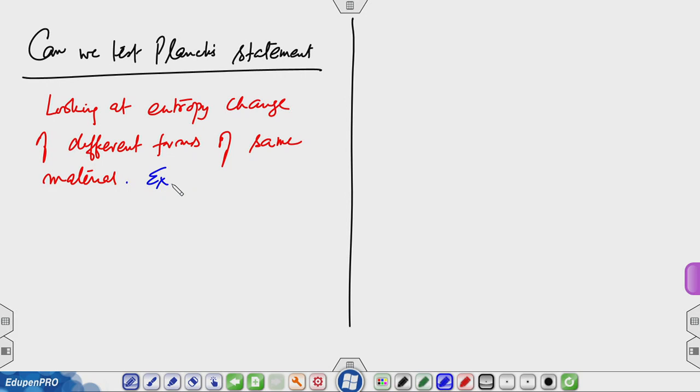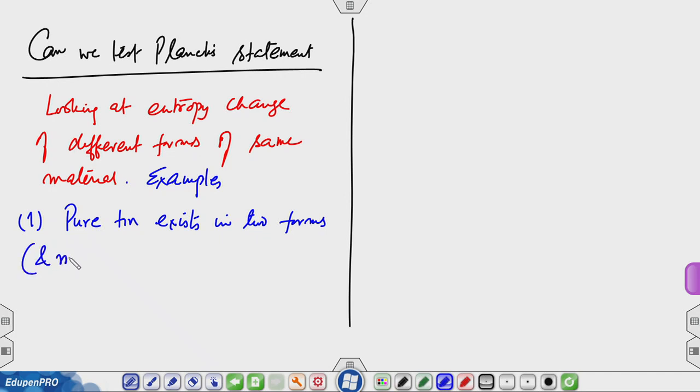Examples: one, if you look at pure tin, it exists in two forms and more, but right now we'll consider these two forms, which are known as gray and white tin. Also known as alpha and beta tin.